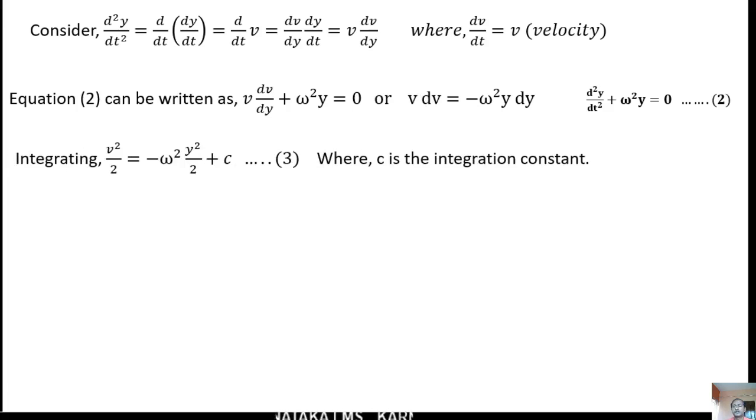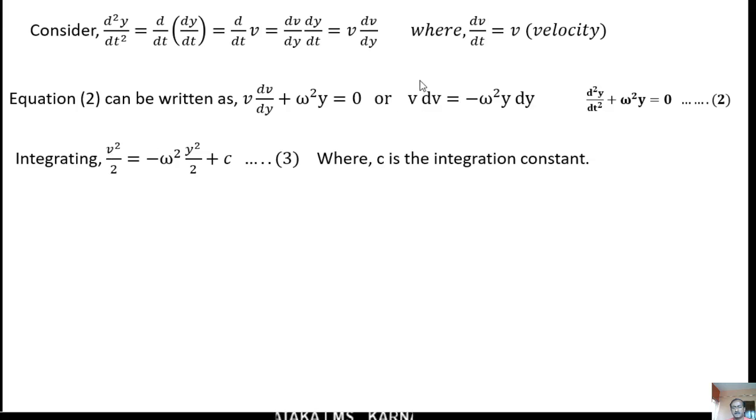Now integrate. We get v square by 2 equals minus omega square into y square by 2 plus c. On the LHS, integrating v with respect to dv, we get v square by 2.